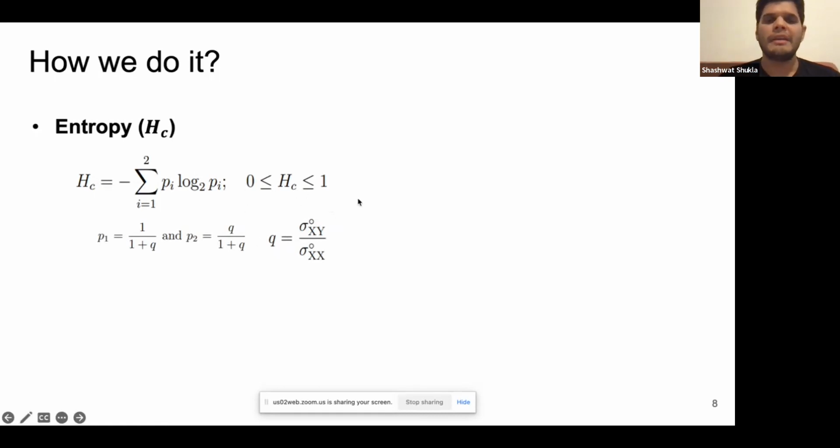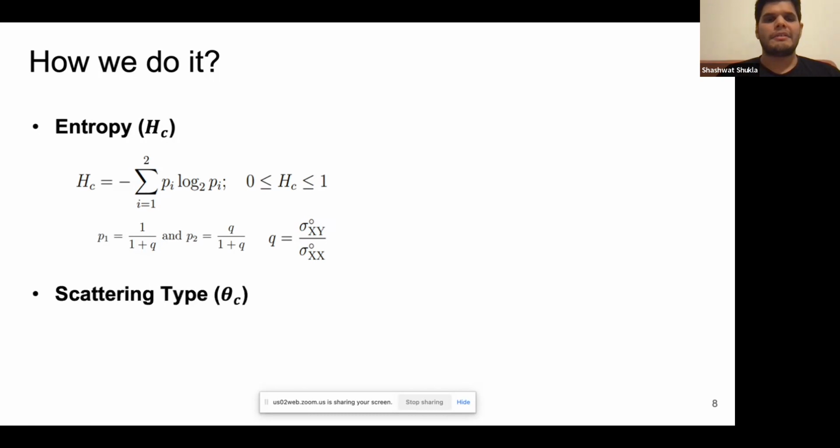High entropy arises from regions where randomly oriented particles are concentrated, whereas low entropy is the case where surface roughness comes into the picture. So entropy is the degree of randomness in the scattering pattern.